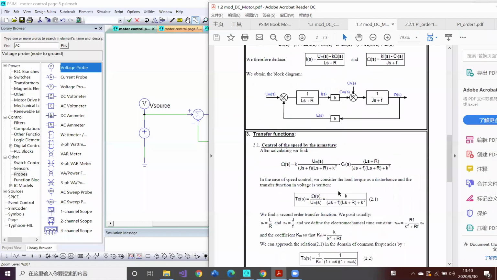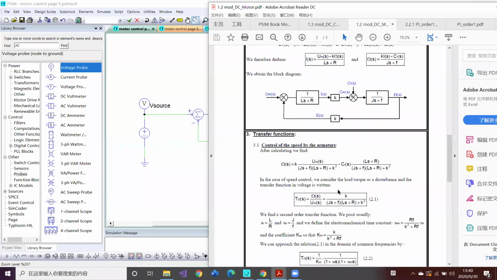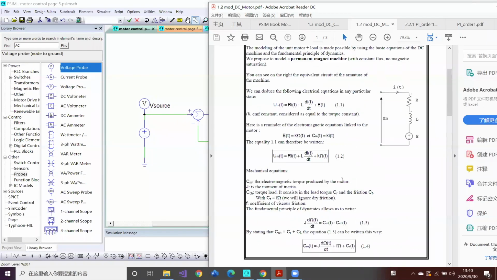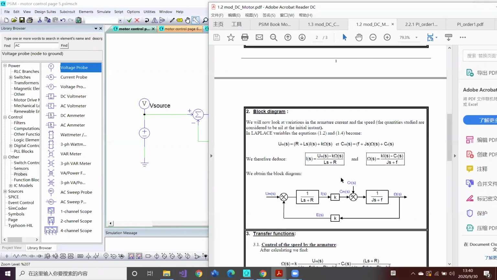This note gives us how the values come about.